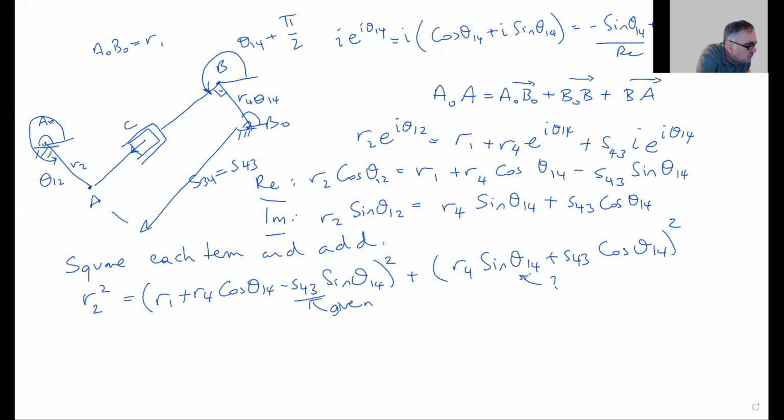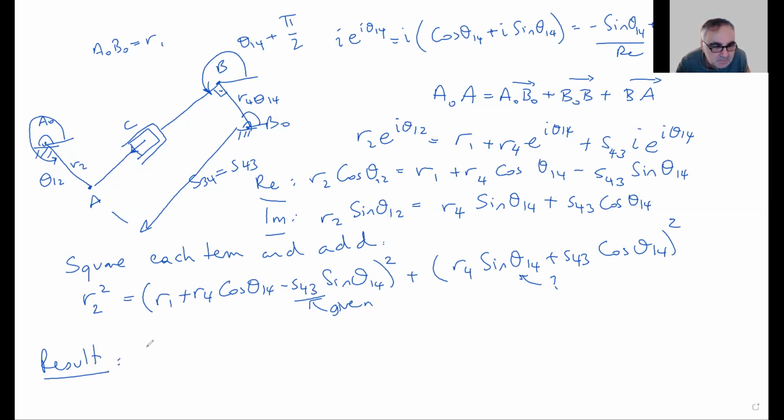We can open it up. And if you open it up, you will get some cosine theta 1,4 squared, sine theta 1,4 squared, and if you add them, eventually the result will be something like this.